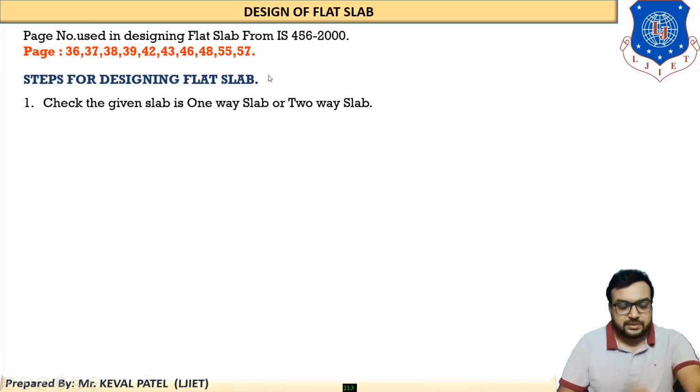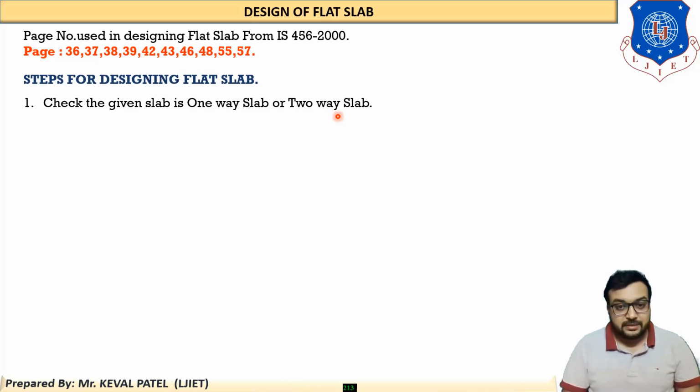The first step is to check whether the given slab is a one-way slab or two-way slab. In the last lecture we studied that there are two methods of designing a flat slab. The first method is the direct design method.